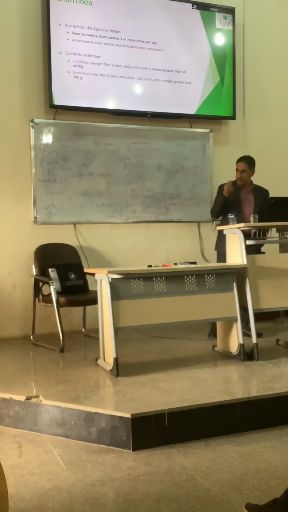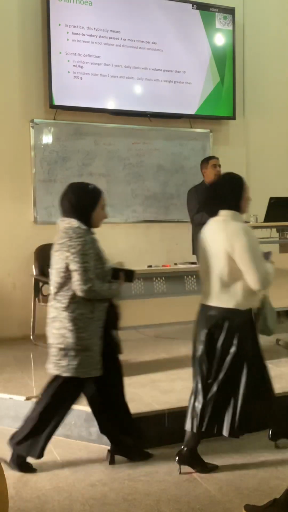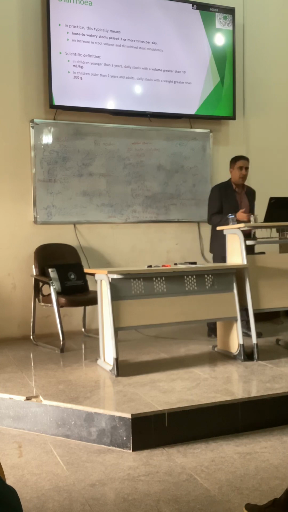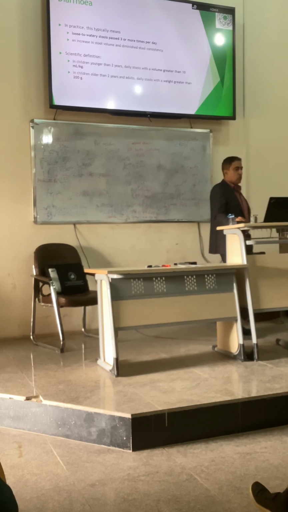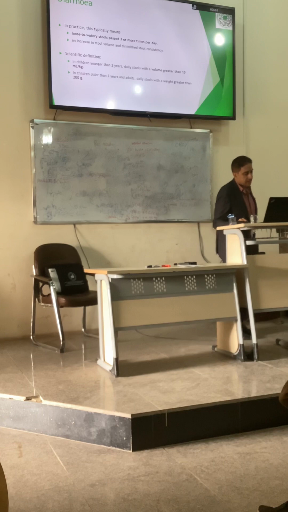So you need to understand the habit of the patient. Then you will ask about what is the abnormality. There is a good definition of diarrhea: loose or watery stool, passed 3 or more times a day, or an increase in stool frequency and volume and diminishing stool consistency.